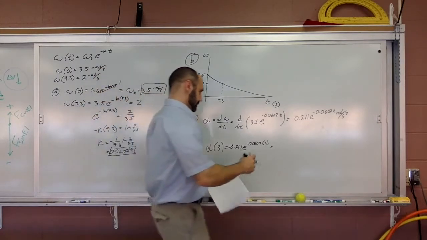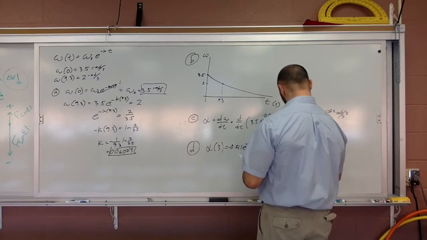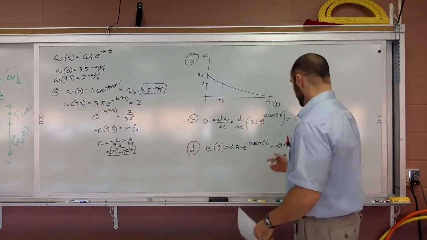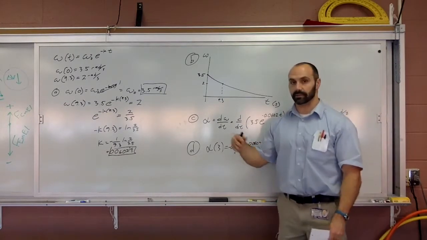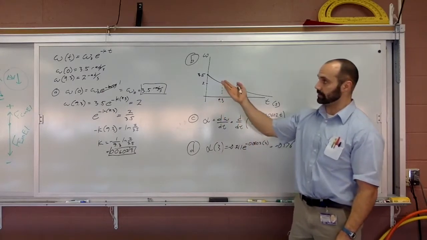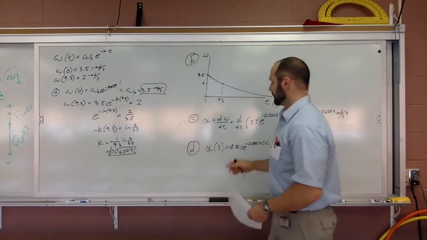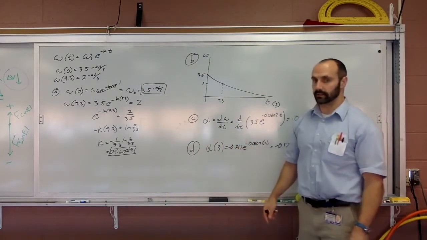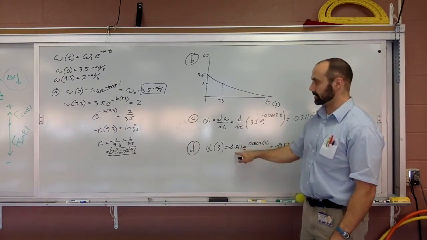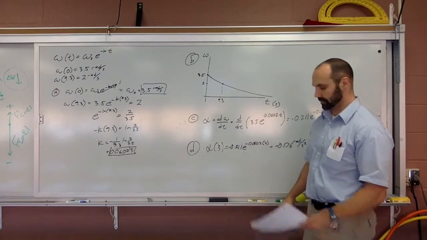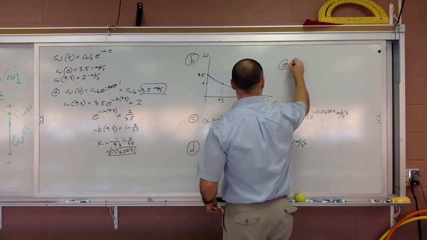And we should get negative 0.176 radians per second squared. What does this mean? The negative. This means that the acceleration is in the opposite direction of the positive direction for the angular velocity. Because the angular velocity you can see is positive, right? It's above 0. And so that means it's slowing down. And positive is counterclockwise, so that means the acceleration is in the clockwise direction. Slowing it down.